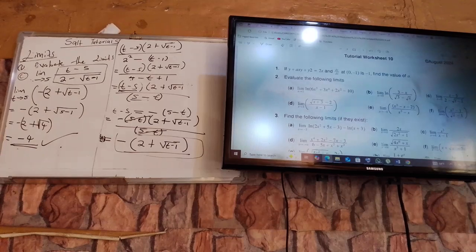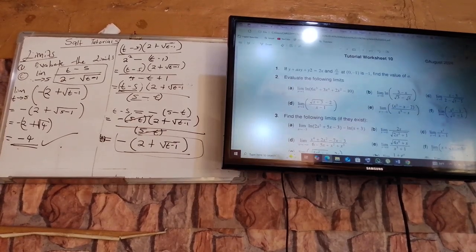So as t approaches 5 in this function, the whole function will basically approach what? Approach -4. There. We are okay.